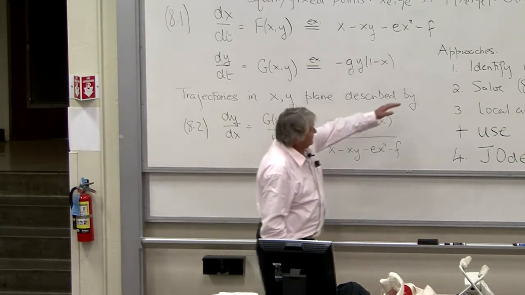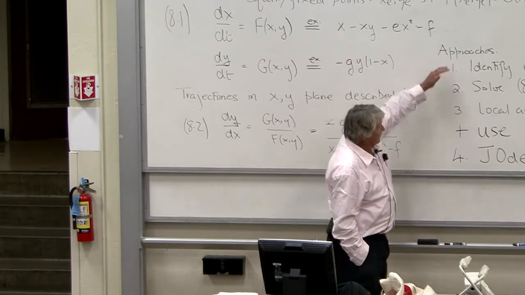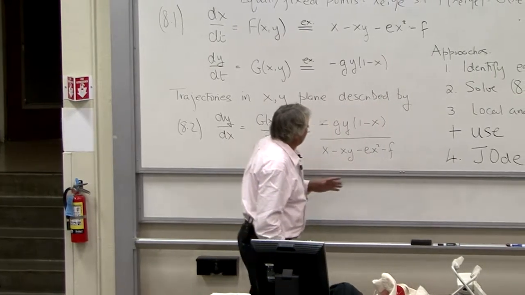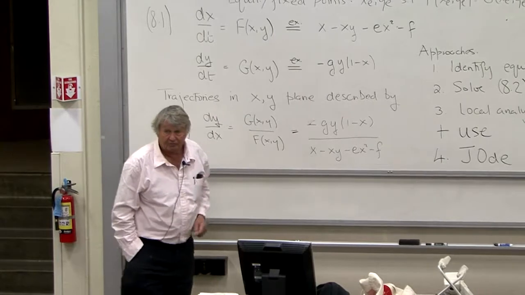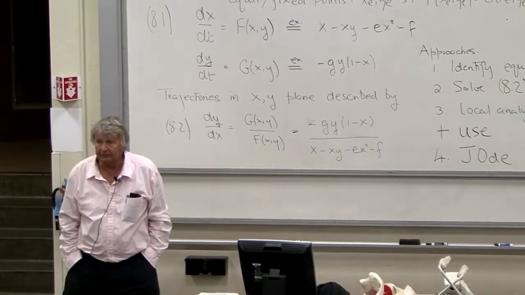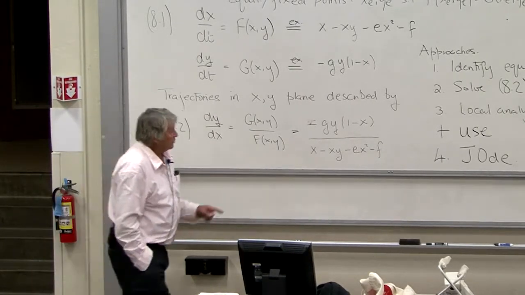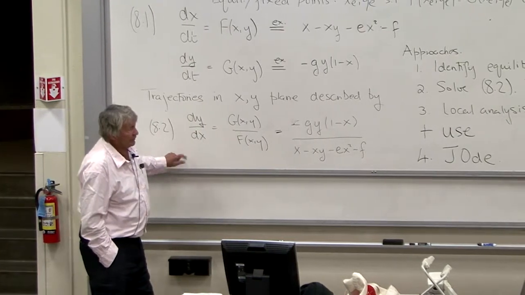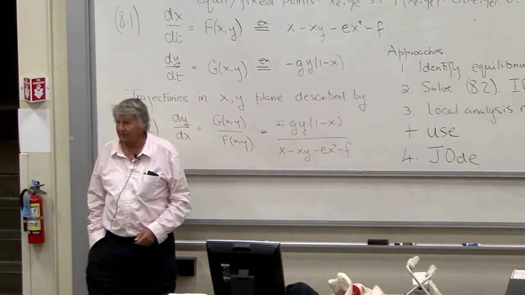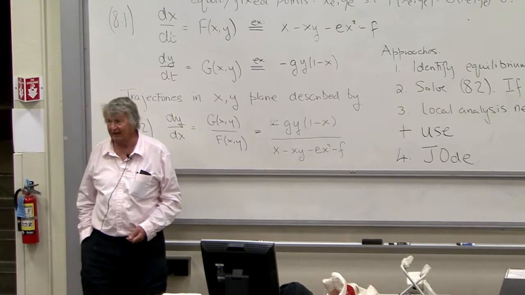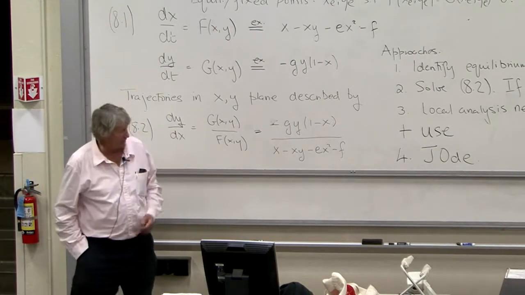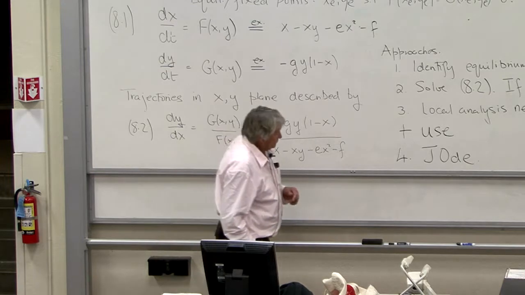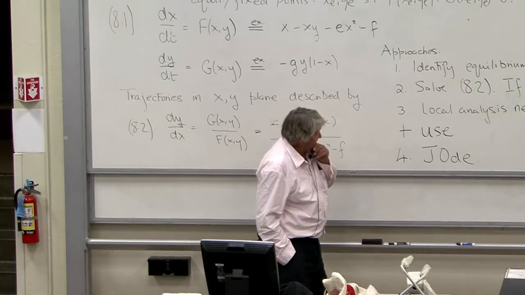So, the approach is identify equilibrium points. Well, we've done that. We'll do that now for this example in a moment in particular. Then if we can, we'd solve this guy. Most of the time, you won't be able to solve this guy by analytical methods. All right, then. So what do you do then?